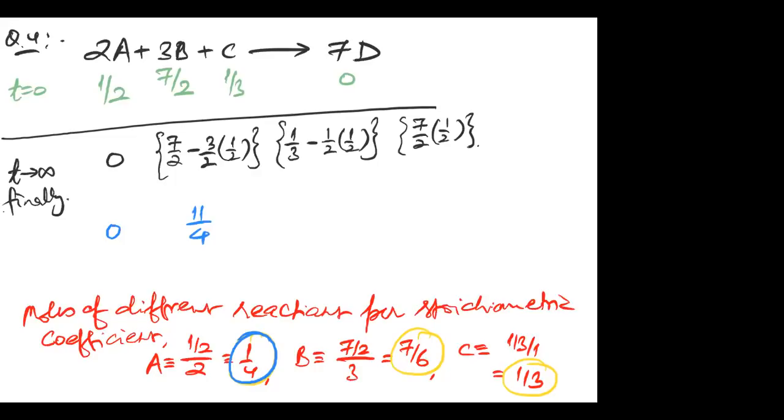Similarly, C is 1 by 3 minus 1 by 4, which is 1 by 12 moles. Similarly, 7 by 4 moles of D get produced.